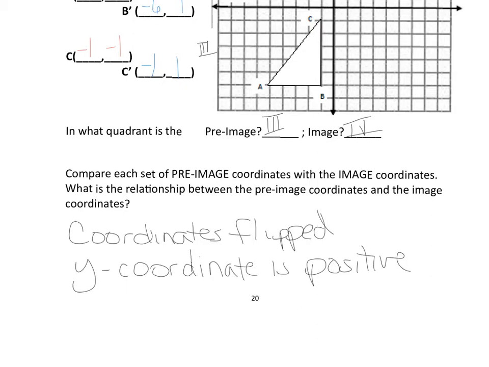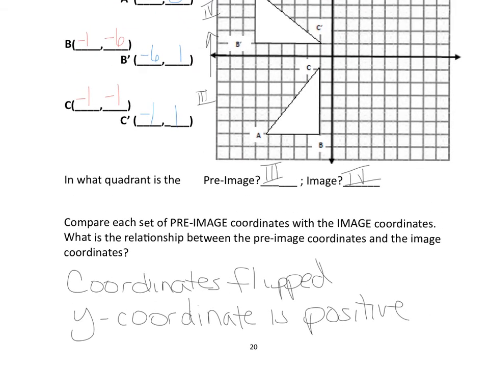If you take a look at this one, now notice that the reason it's positive, look what happens when you go from quadrant 3 up to quadrant 4. It makes sense that the y coordinates are going to be positive because we've moved above the x-axis. If you take a look at example 1, we moved below the x-axis, and therefore that would make sense that the y coordinates are going to be negative.